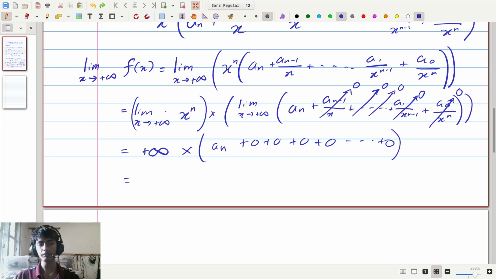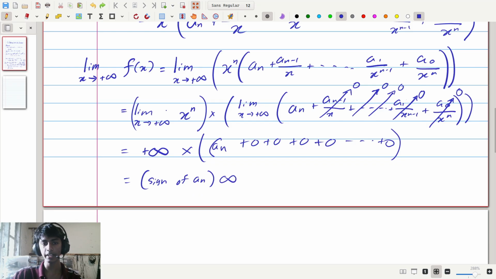So what we have here is the sign, and this is not an official thing, by the way, this is just my way of writing it. This has to be interpreted at that given time when you are doing the actual function. I'm just writing it as a general thing: the sign of a sub n, whether it's plus or minus, and infinity. So this could be a plus, this could be a minus.